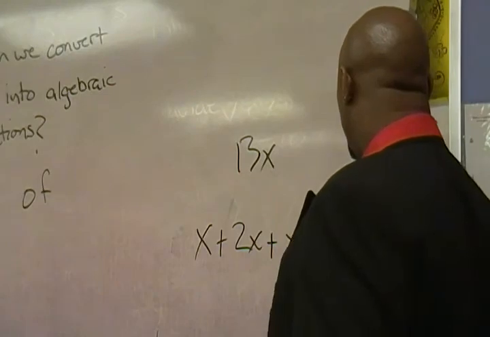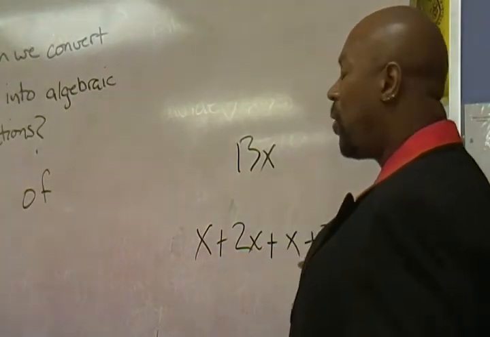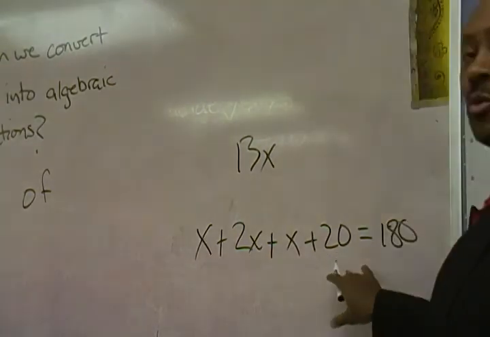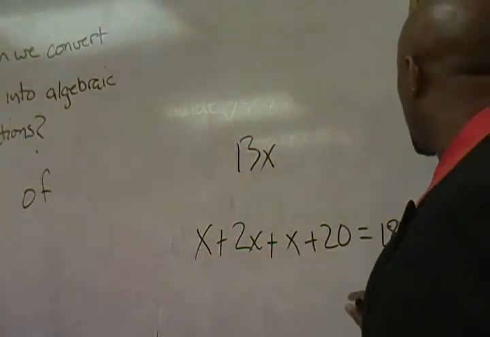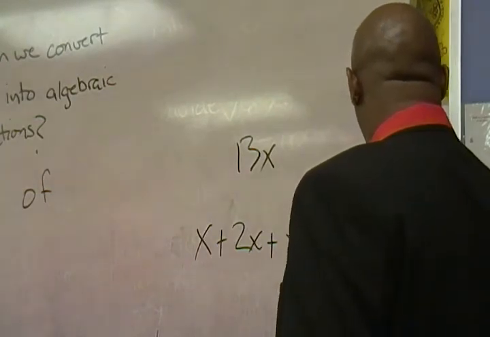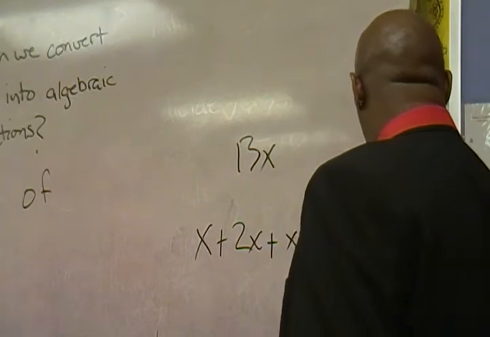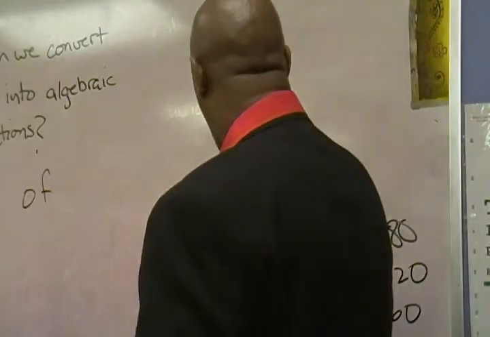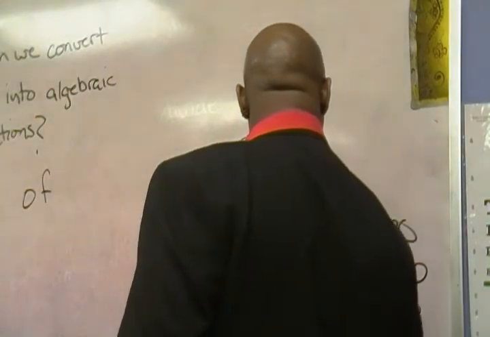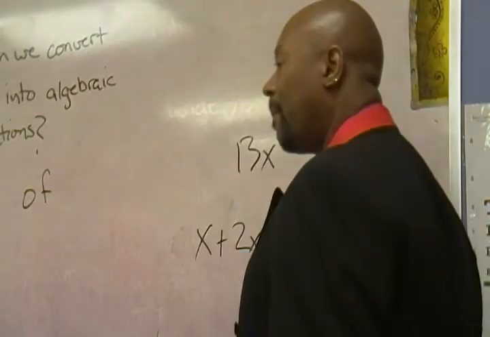The first thing we did was get rid of the plus or minus number. So we subtracted the 20 from both sides. That makes this one 160. Then we can put all our x's together, so we got 4x equals 160.